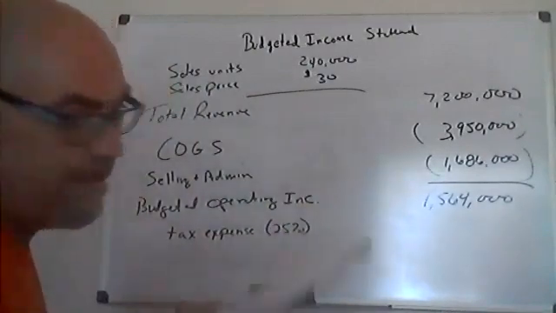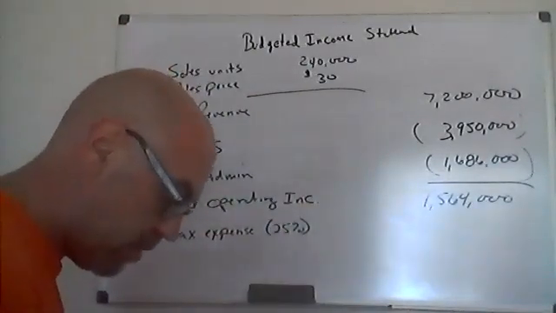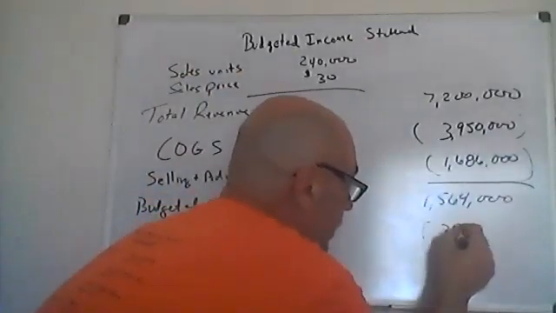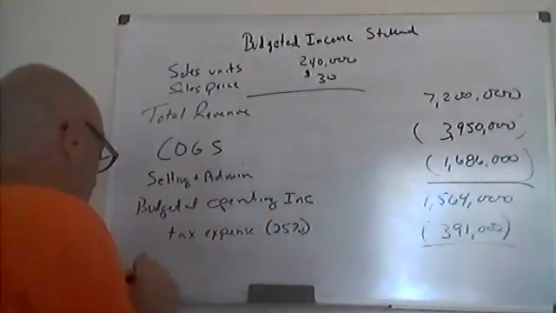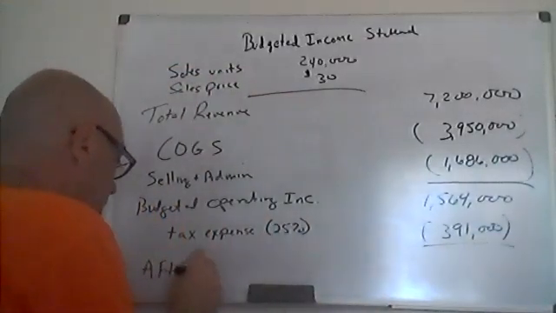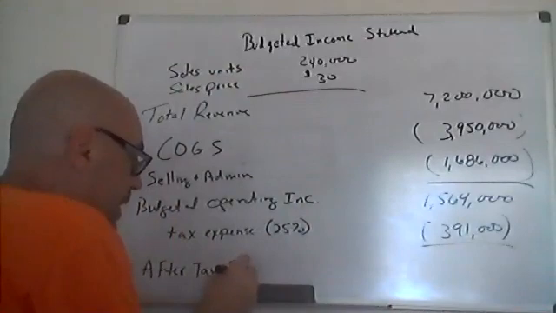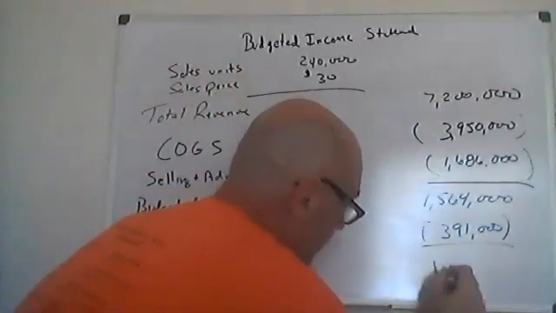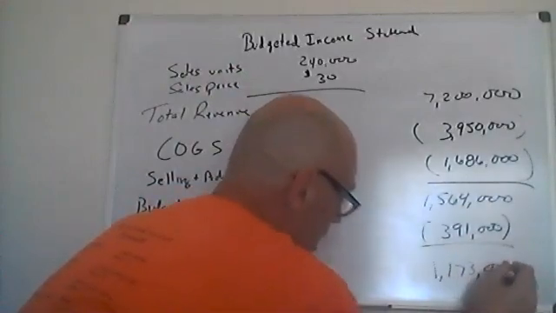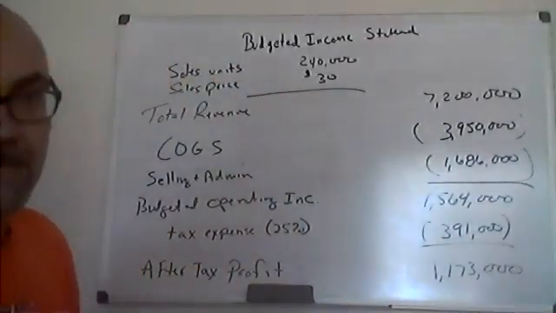Take that number multiplied by our income tax rate, which is given at 25% for our income tax expense. And that becomes our budgeted after-tax profit of $1,173,000.